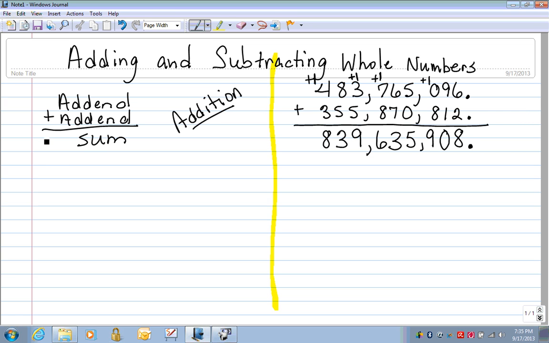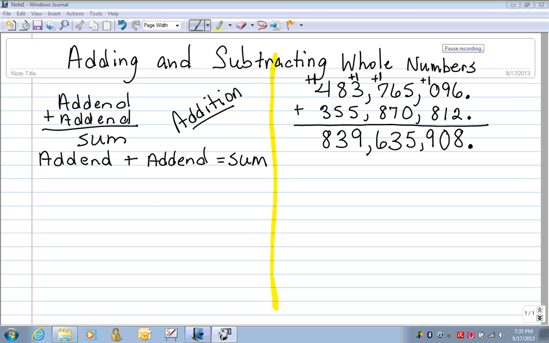Addend plus addend equals sum, even if it's this way. You can stack them to add them, or you can write them out. With smaller numbers, we usually write them out horizontally. And I'll pause to let you take notes.